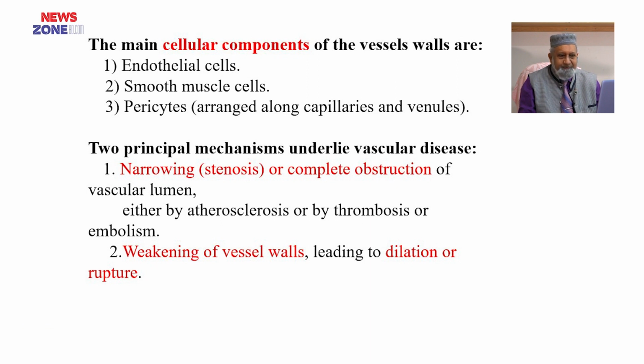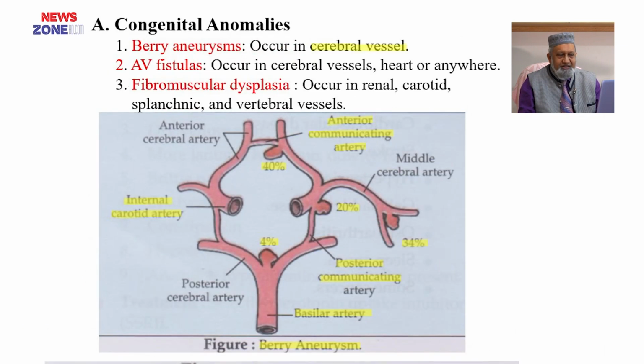Another is weakening of the vessel wall leading to rupture or dilatation. Among the congenital anomalies, we want to discuss berry aneurysms occurring in the cerebral vessels, arteriovenous fistula, and fibromuscular dysplasia.